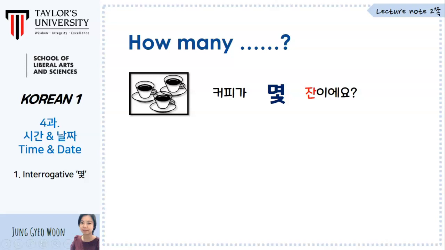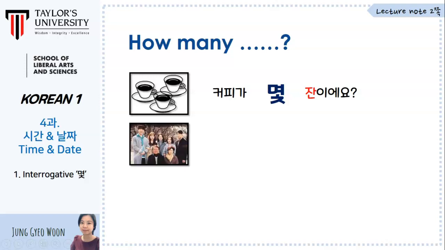One more time. 커피가 몇 잔이에요? 하나, 둘, 셋. If you want to answer the question, 몇 잔이에요? 하나, 둘, 셋. 세 잔이에요. Without the ending consonant, 세 잔이에요.